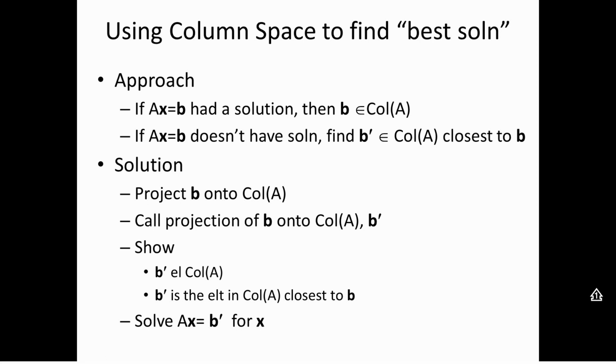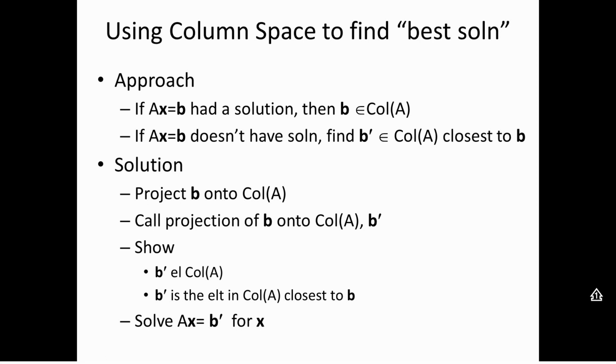But if it doesn't have a solution, then we're going to find the vector b prime that's in the column space of A that's closest to b. Notice that b prime has to be in the column space of A, because if it's not, we can't solve for x, okay? And so which b prime would we want? We'd want the one closest to b, right? That would be the best solution.